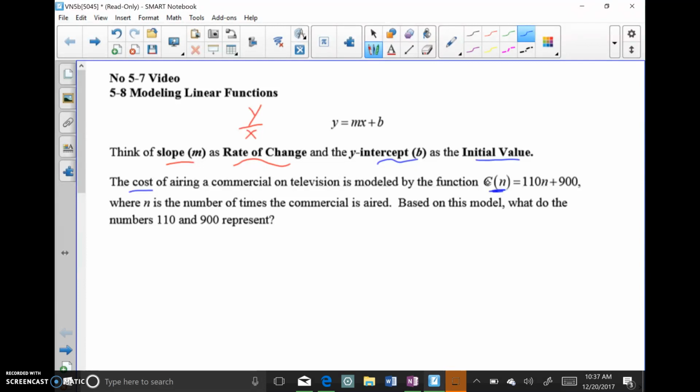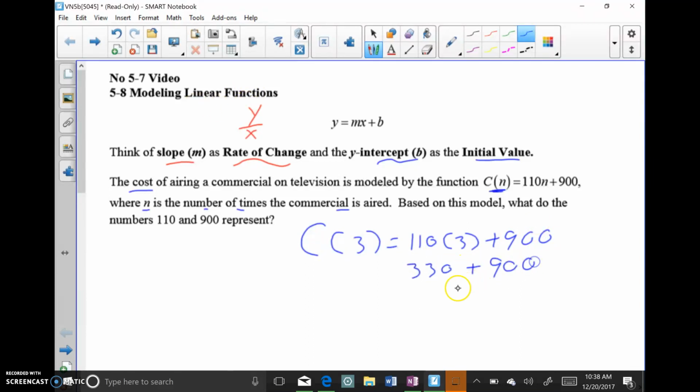Well, this formula is going to give us the cost, where n is the number of times the commercial is aired. So for example, if we did C of 3, where I want my commercial aired 3 times, that'd be 110 times 3 plus 900. 110 times 3, that would be 330 plus 900. 330 plus 900, that would be 1230.